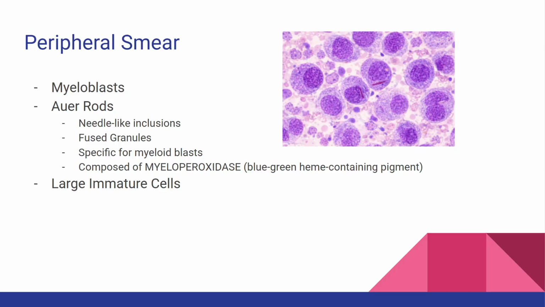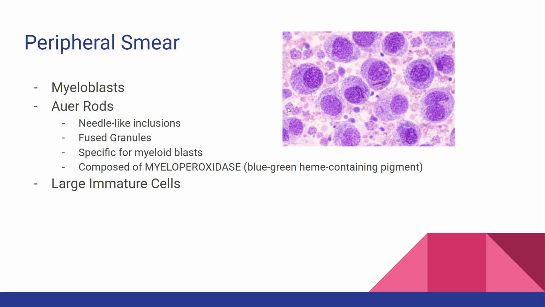This is a peripheral smear of AML. When you're studying for Step 1, you're going to see a lot of types of AML pictures, but you can see this pink, almost rod-like structure. That's the Auer rod, right?